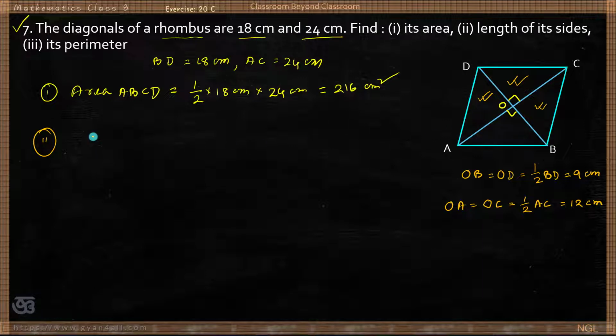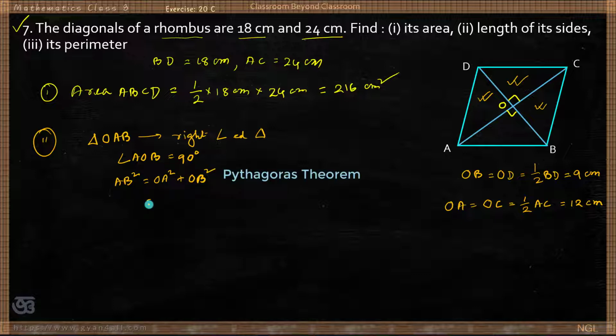So if we take the triangle OAB, this is a right angled triangle, and angle AOB is equal to 90 degree. So in a right angle triangle, AB square hypotenuse square is equal to OA square plus OB square, and OA square, that is equal to 12 centimeter square, plus OB is equal to 9 centimeter square.